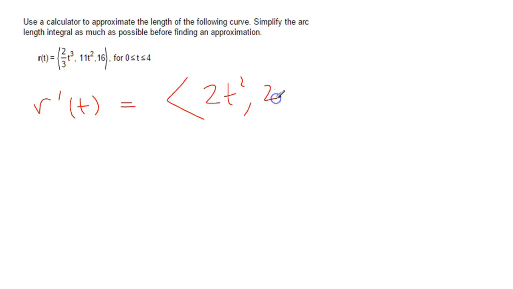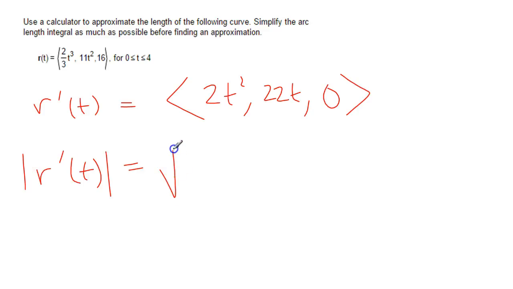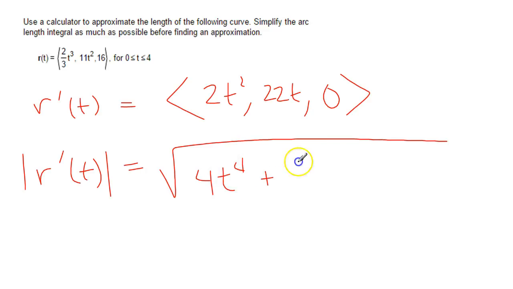I have a 22t, and the derivative of a constant is 0. Alright, and then the magnitude is going to be the square root of 4t to the 4th plus 22t squared.